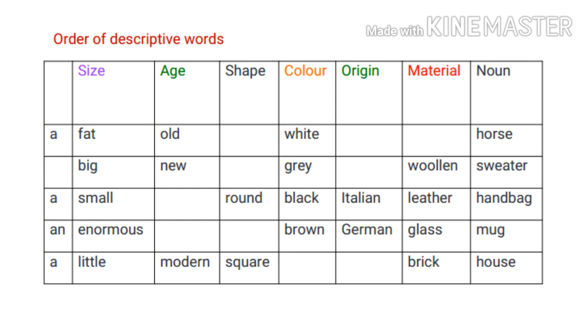Adjectives showing size should come first, then adjectives showing age, then adjectives showing shape, then adjectives showing color, and after that adjectives showing origin, and finally adjectives showing material.